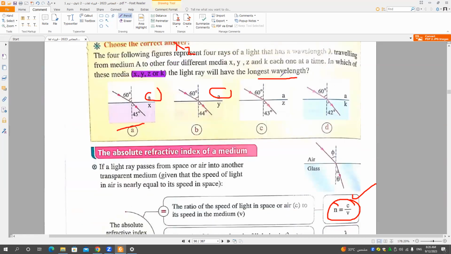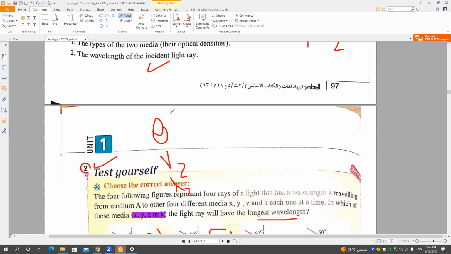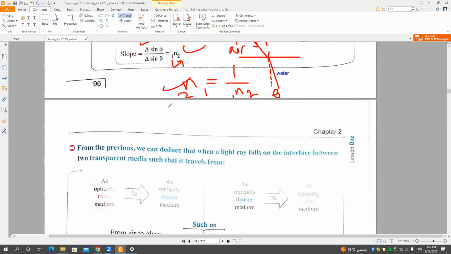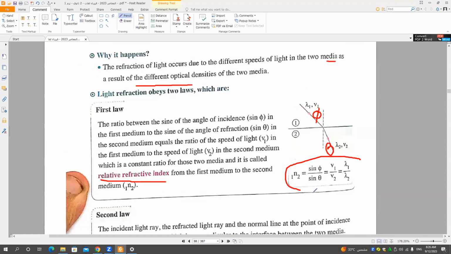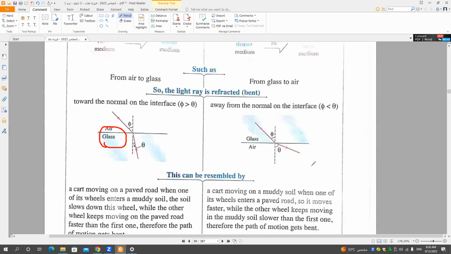Why? Because the wavelength has a direct relation with the speed in the medium. From this relation, V1 over V2 equals wavelength 1 over wavelength 2. So the greatest speed gives the greatest wavelength of light.